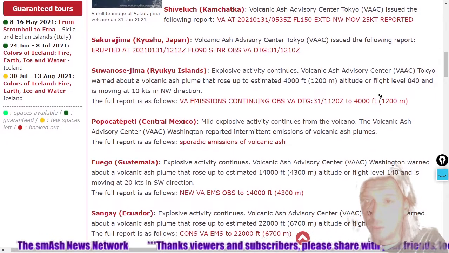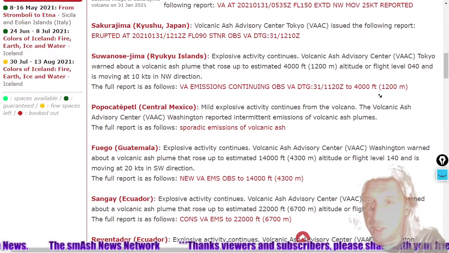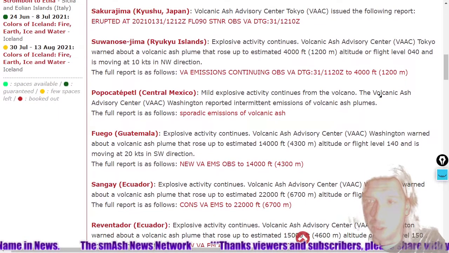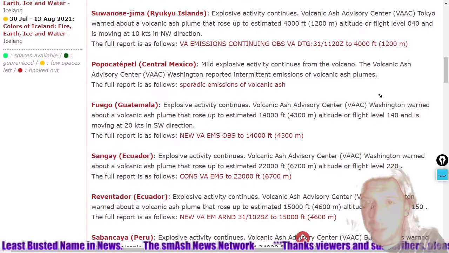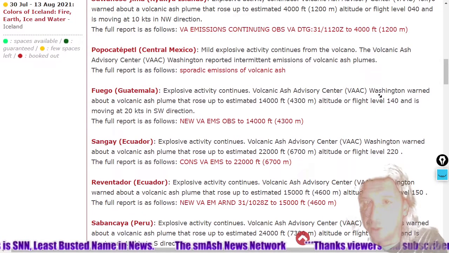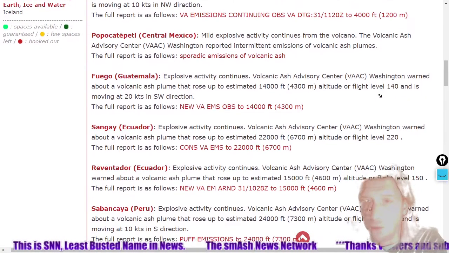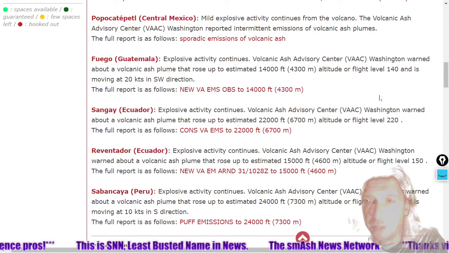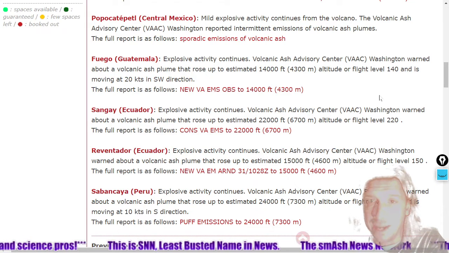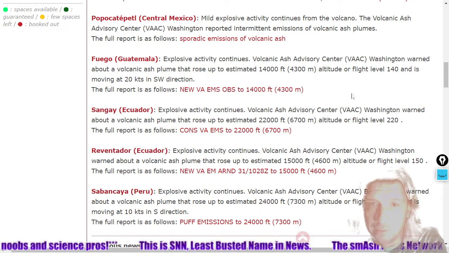Suwanosejima in the Ryukyu Islands, in the same portion of the world there, exploding. Flight level 040, 4,000-foot ash plume. Popocatépetl, mild explosive activity. No report there on the altitude of the ash plume above it. Sporadic emissions of ash are being emitted from Popocatépetl.